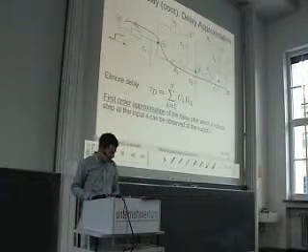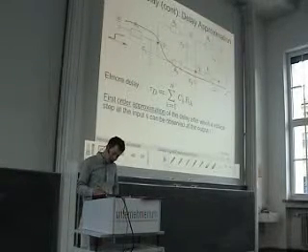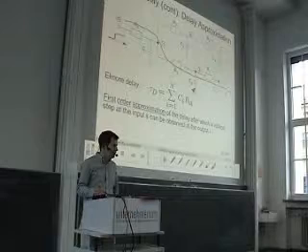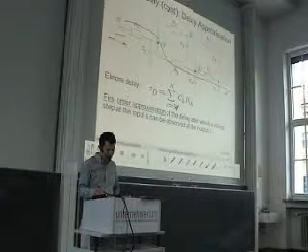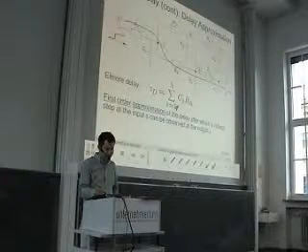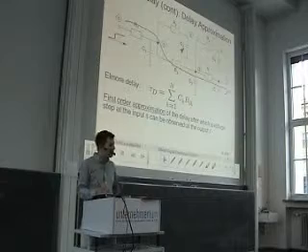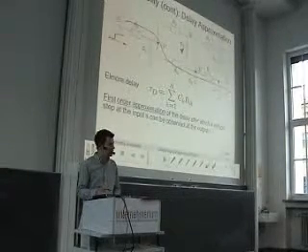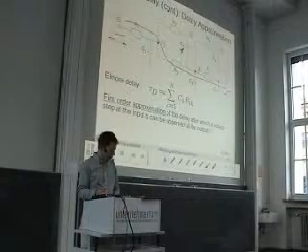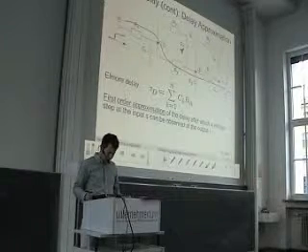For the Elmore delay, you go over all caps, and the time constant is given by the cap times the joint path resistance of the node under consideration and the delay path that you are interested in. So let's make an example for this.